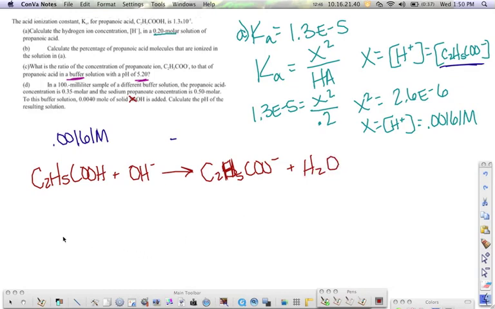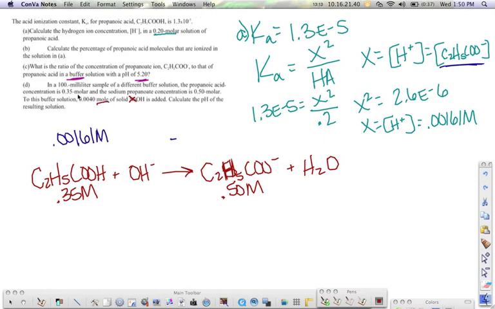Now, my starting concentrations, it says that I have my propanoic acid is right here, 0.35 molar. And my sodium propanoate, the propanoate ion, because remember sodium's a neutral ion, I don't really care about it, is 0.5 molar. And we added 0.004 moles.